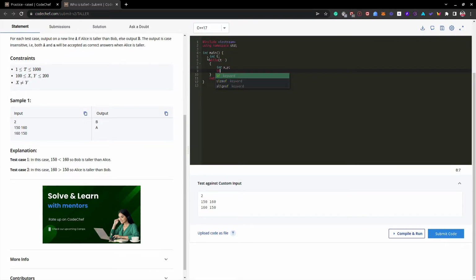For that we will be using an if condition: if x is greater than y, then cout... sorry, I have to take integers for it, I just forgot. Integer x, y, I have to take this.